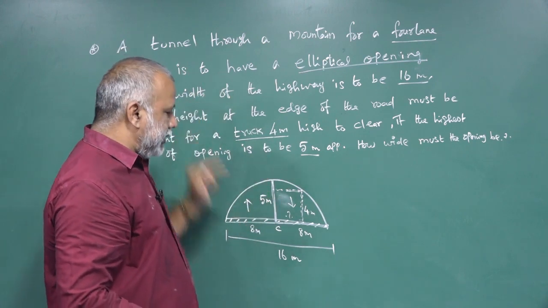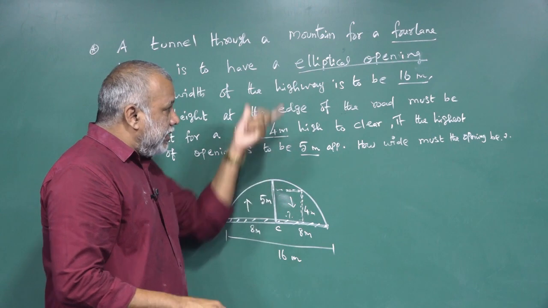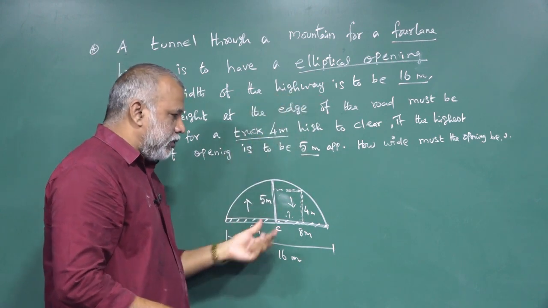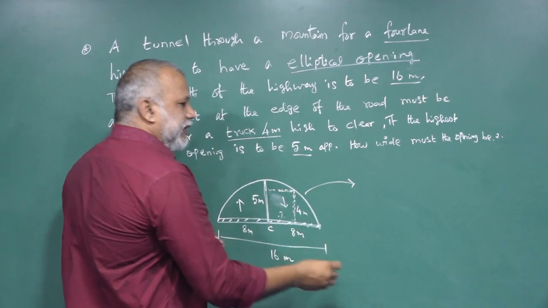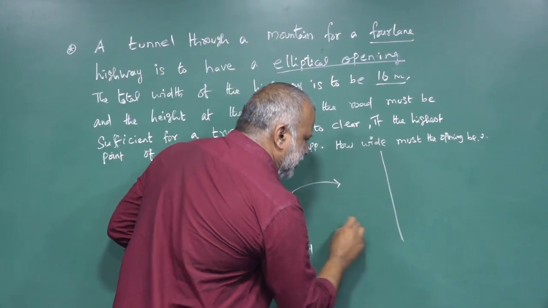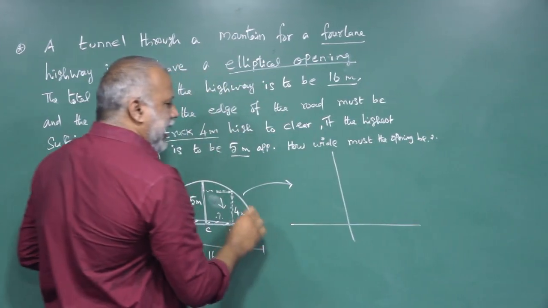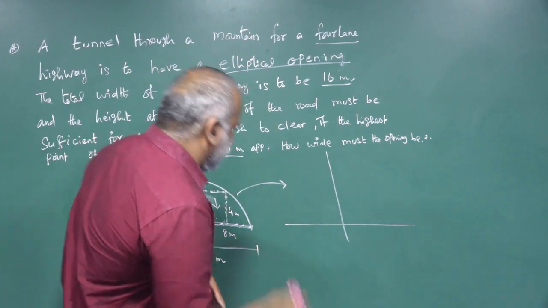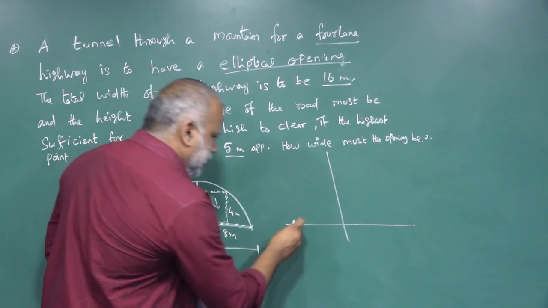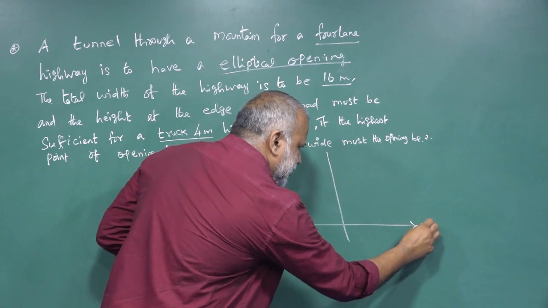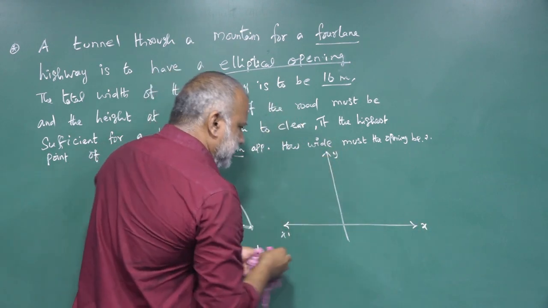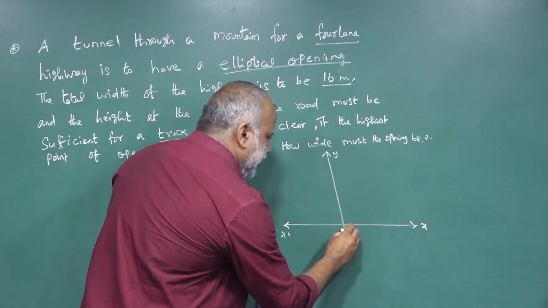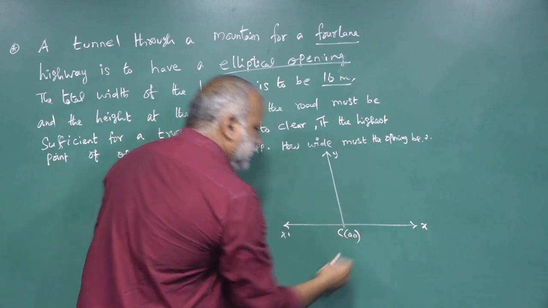See the diagram. Take down the data from the given question. Now I have to convert it into a fair diagram. Fair diagram means nothing but with the help of the axis we are going to work it out. See x-axis, x dash, y-axis. It must be center C(0, 0).